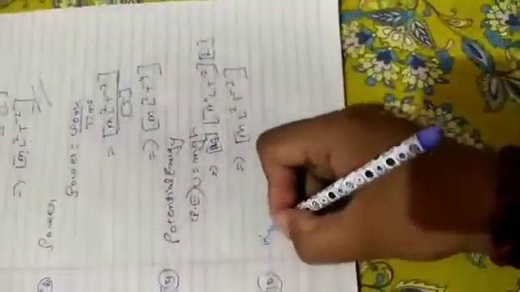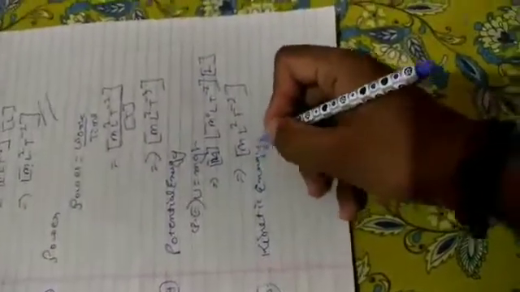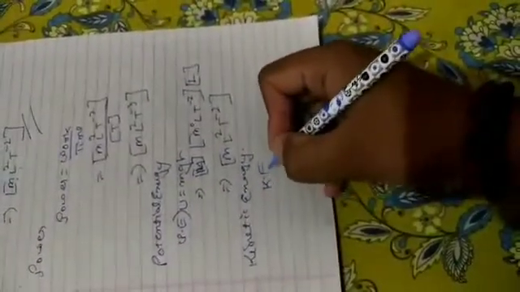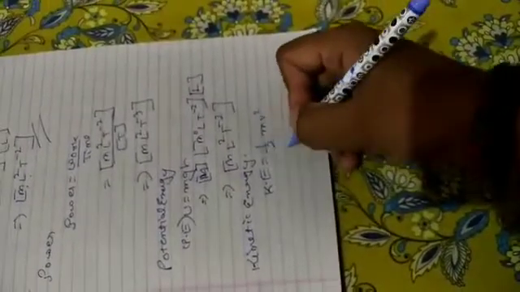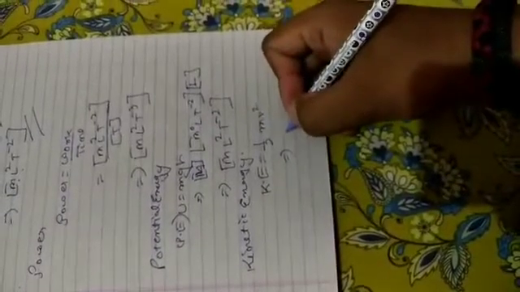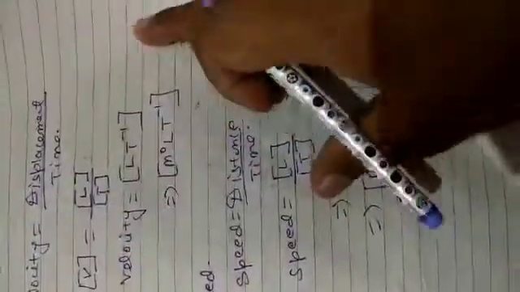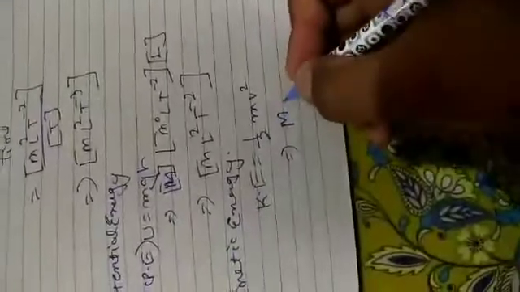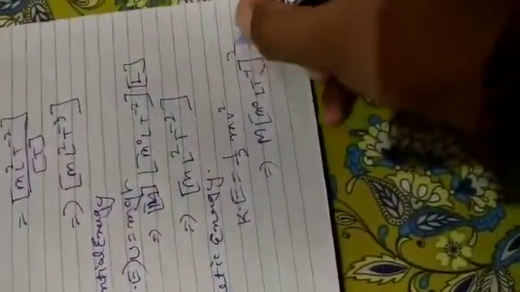10, kinetic energy will be also same, but its formula is different, so we will see it also. K is equal to half mv squared. This constant term is neglected in dimensional formula. Now m is mass, so M, and v squared is velocity squared. Velocity we have already calculated in our third part, M^0 L T^-1, so (M^0 L T^-1) whole square.